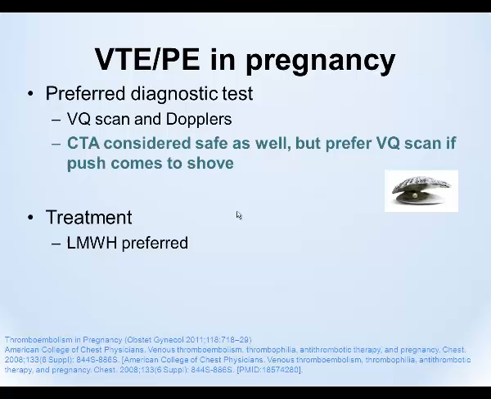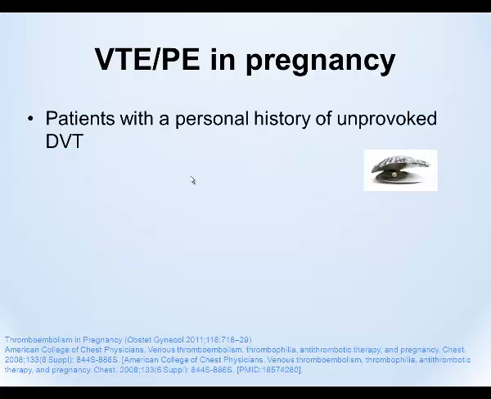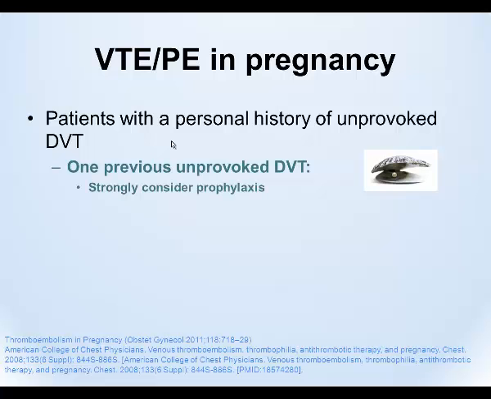What do you think about a personal history of one unprovoked DVT? What would you do for that patient, if they're not on anticoagulation but become pregnant? What does your gut tell you? You can strongly consider prophylaxis, but that would be too nuanced a decision to test on the boards.